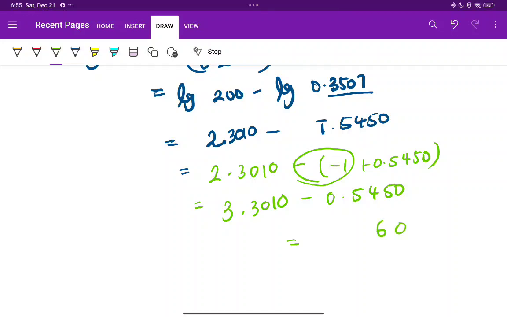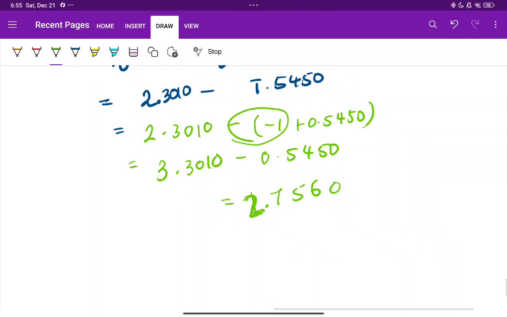So the answer would be, let me double check that. Yeah, that is 2.756.